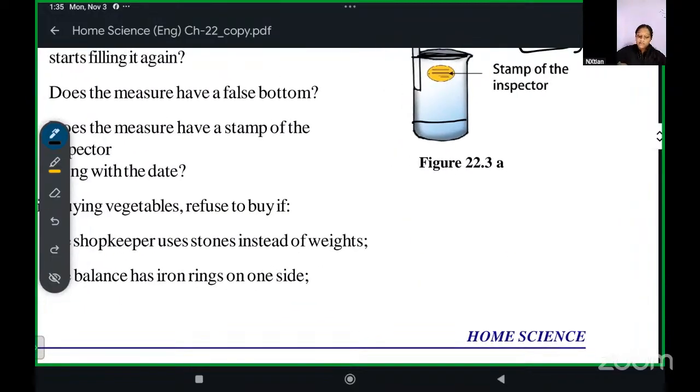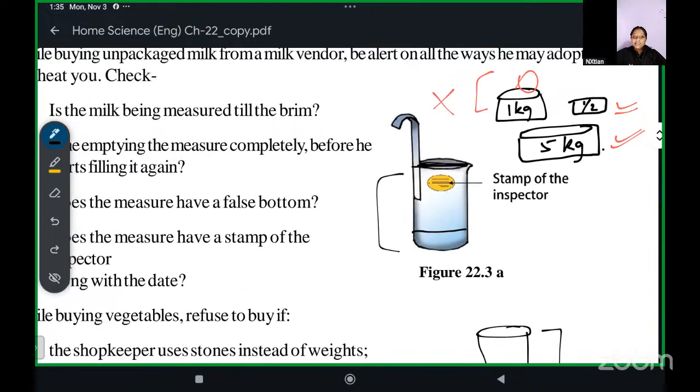For example, if you've seen those designer glasses with a false bottom, outside you can see the full drink, but the drink is still only here. This is what they do with these containers. They make a false bottom beneath, and only this much portion is getting filled. You think it is getting filled, but it is not.